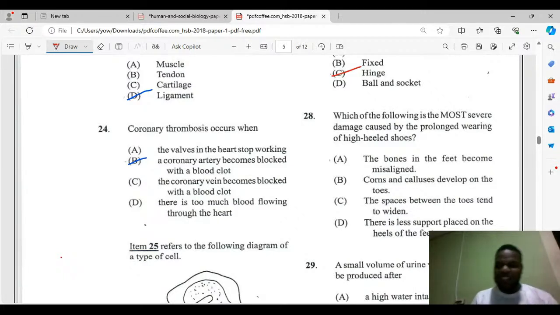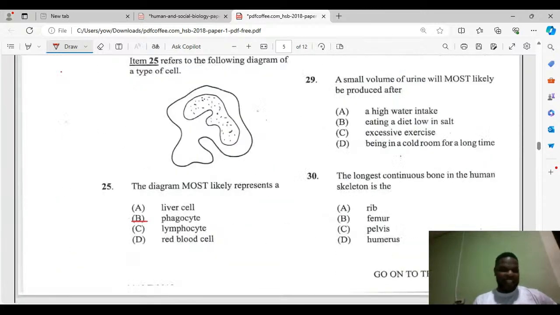So which one of these? You're saying it is D, less support placed on the heels. We're saying D is a prominent answer. Anybody else with anything apart from D? We're working with D. D is correct, indeed.